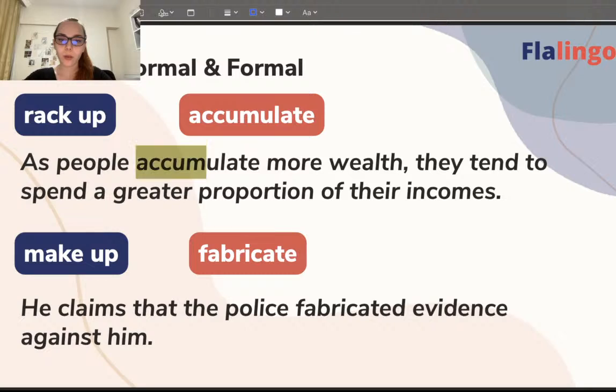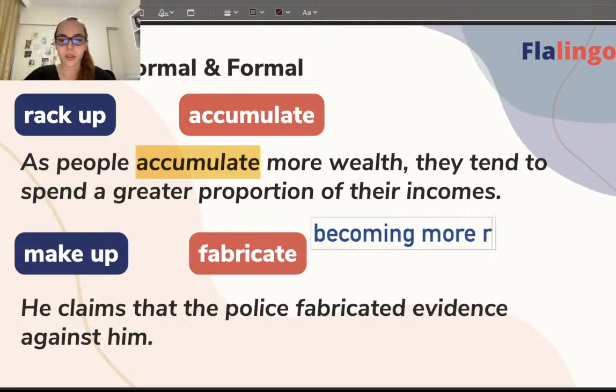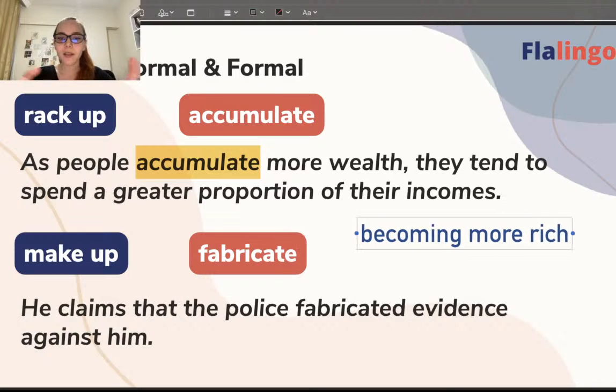So let's say accumulate. Accumulating more wealth means becoming more and more rich. So accumulating means taking the wealth, or how can I say? Yeah, we can say receiving money, becoming, gaining. So accumulate means rack up, and gain.